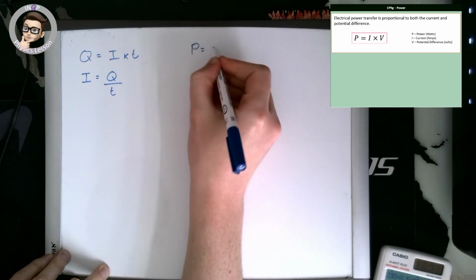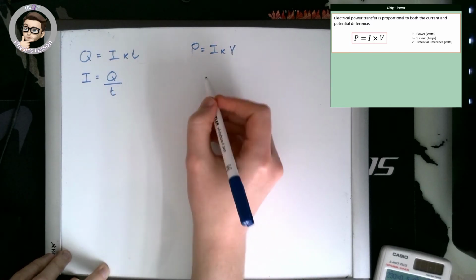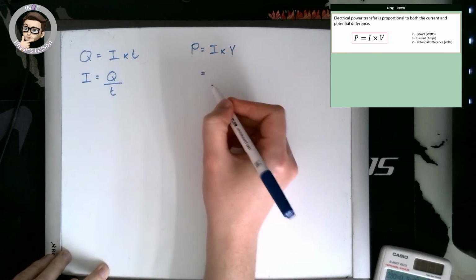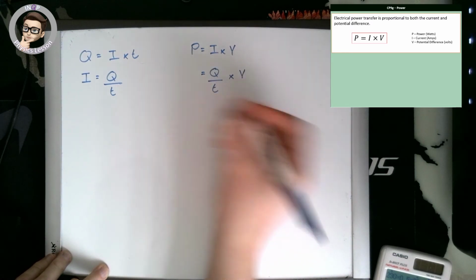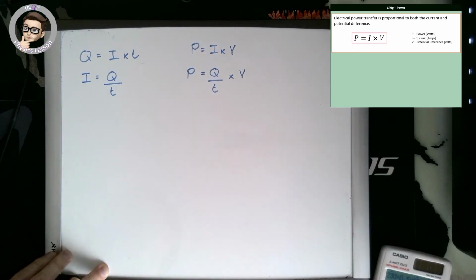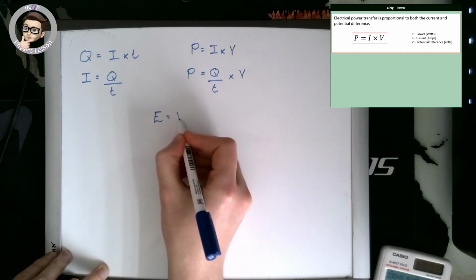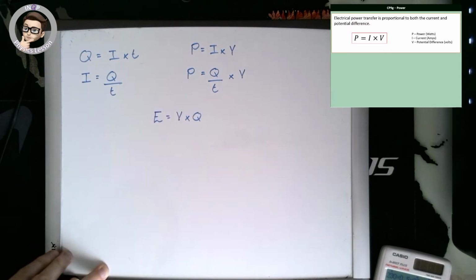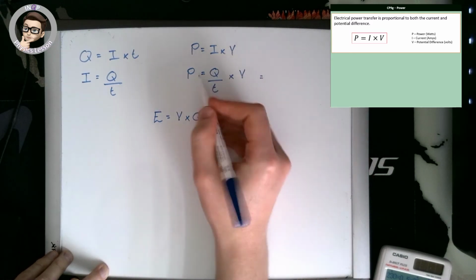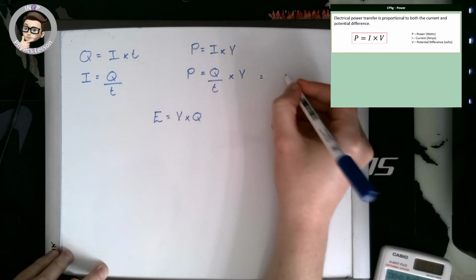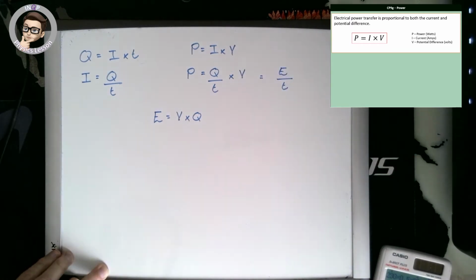We've got P equals I times V. Let's substitute in this Q divided by T for every I. So that's going to be Q divided by T multiplied by V is equal to P. Now we've also learnt another equation, which is that E is equal to V times Q. Well, I can see a V times Q up here, so actually what I've said is that P equals Q times V over T, which is the same as E over T, which is exactly the same as what we started with.